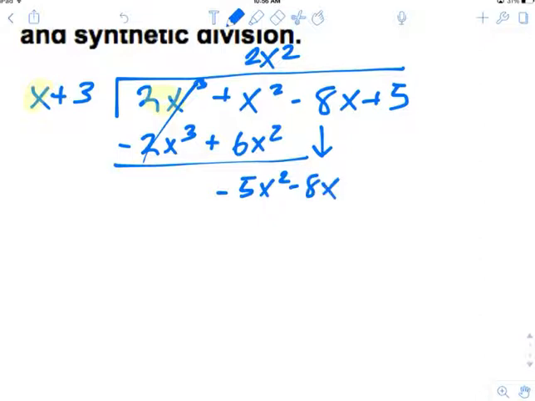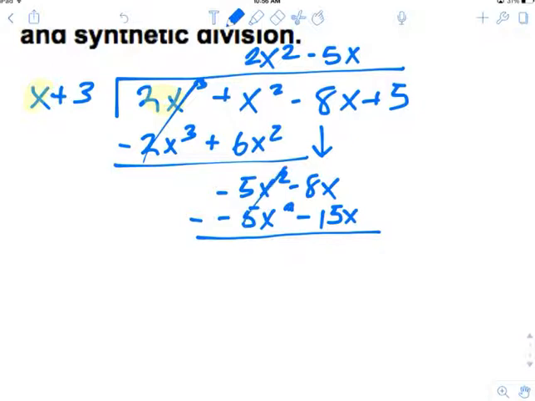Negative 5x squared divided by x is negative 5x times x plus 3 is negative 5x squared minus 15x. Do my subtraction. First term cancels out. Negative 8x plus 15x is going to be positive 7x.